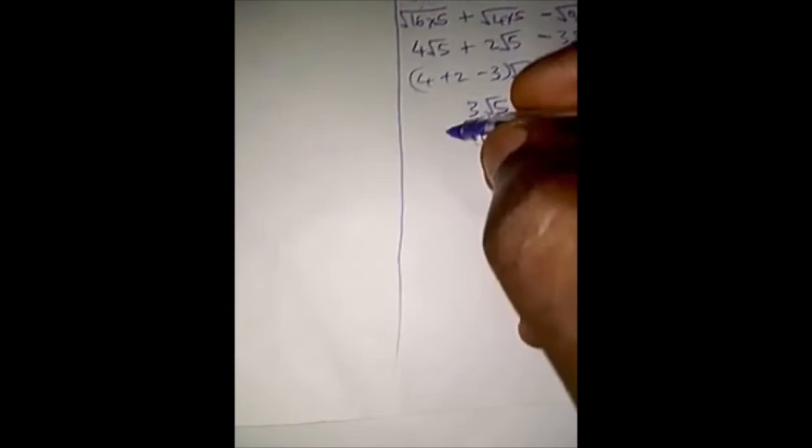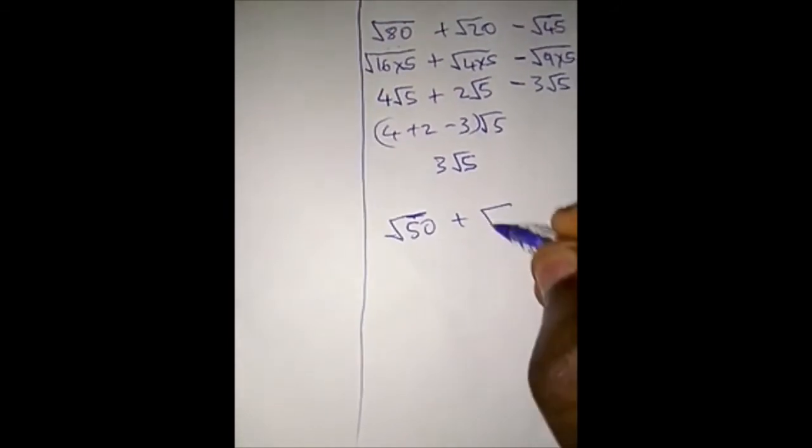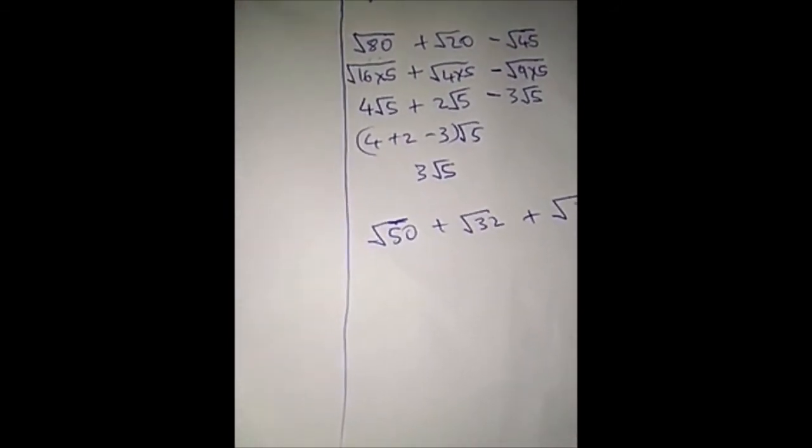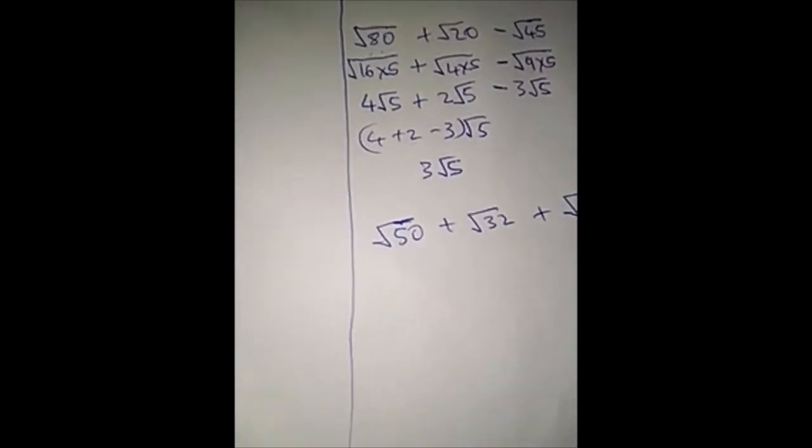Now for that I'll be having root of 50 as above, plus root of 32, plus root of 80, minus root of 45. Let's see how this is going to be.